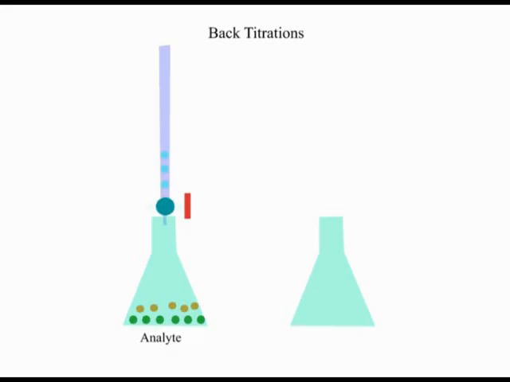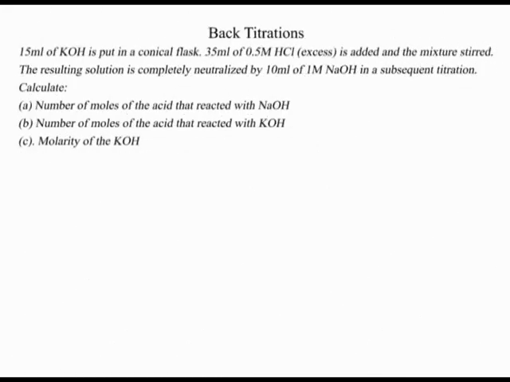Let's take an example. 15 milliliters of potassium hydroxide is put in a conical flask. 35 milliliters of 0.5 molar hydrochloric acid in excess is added and the mixture is stirred.